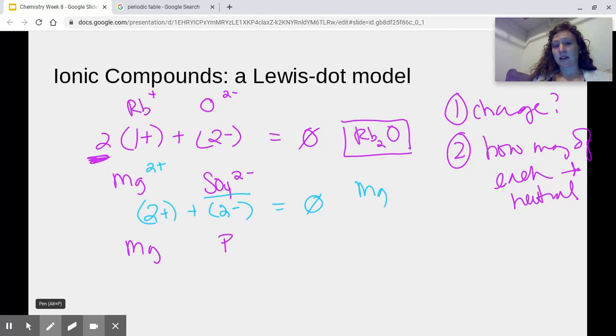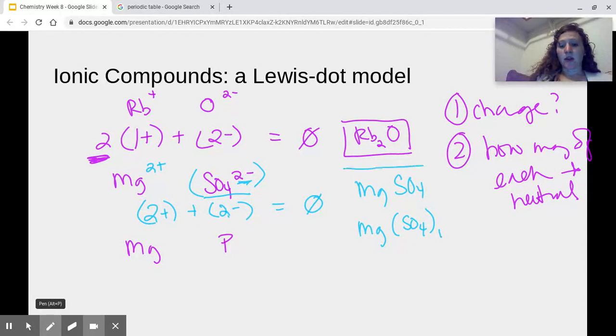You can either write that subscript or leave it off. And then you need SO4. Remember, SO4 is a bundle. Once you write the bundle down, you're not going to write the charge because the charge is neutralized by magnesium's charge. You can either choose to write that bundle in parentheses to help you remember, or you can drop the parentheses since the subscript is a 1. So in your textbook, you won't see it in parentheses, but if you want to write it in parentheses, that's okay too.